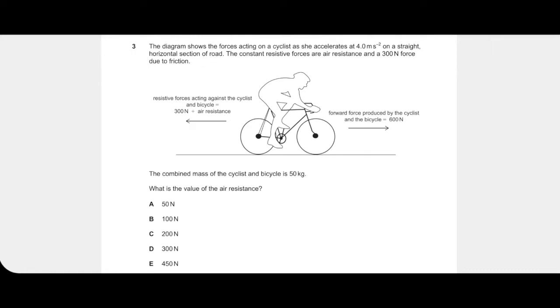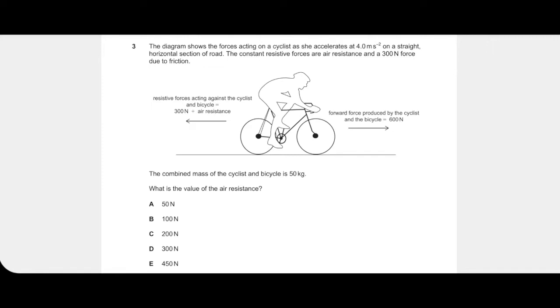So this question can be answered by simply solving the equation. The first step I would do is determine what equation is going to be used. You can see force is a variable that they've given, acceleration is a variable that they gave, and mass.